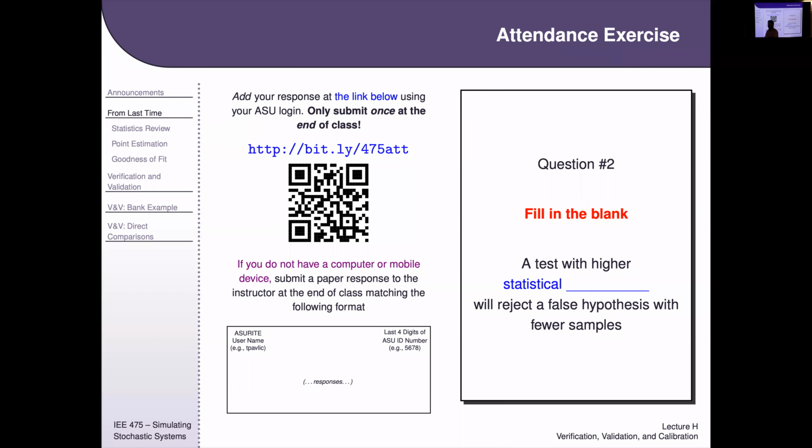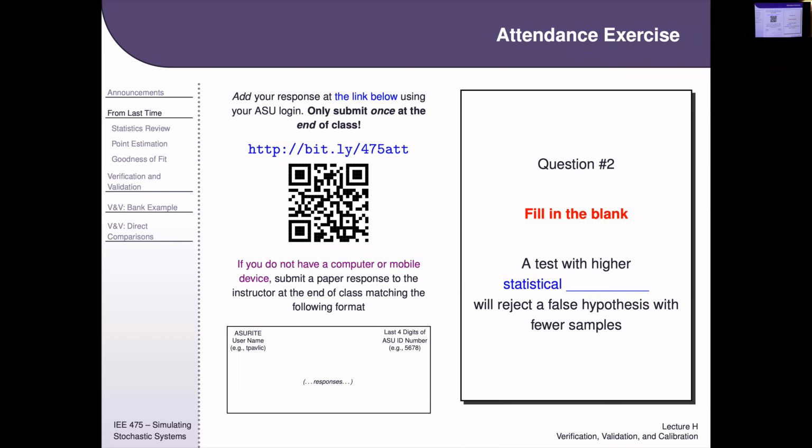So you guys have learned the definition of alpha, type 1 error. And that type 1 error is the error rate. So it's how often you reject a null hypothesis when the null hypothesis is true.